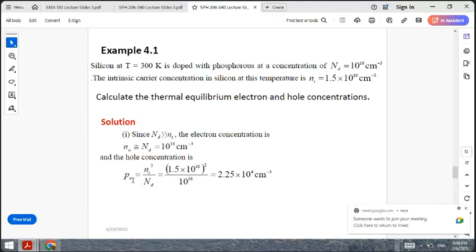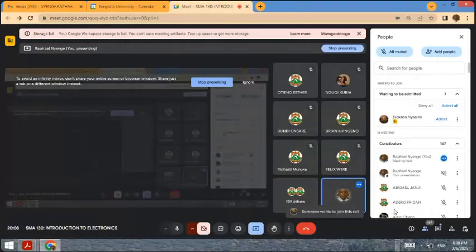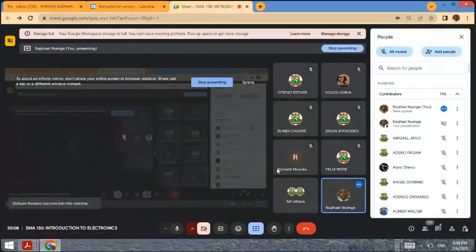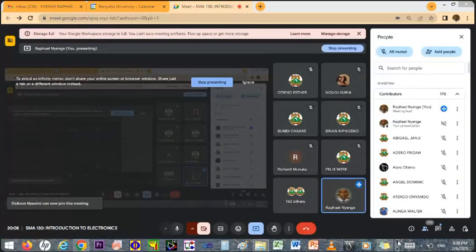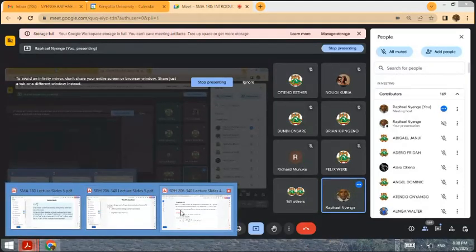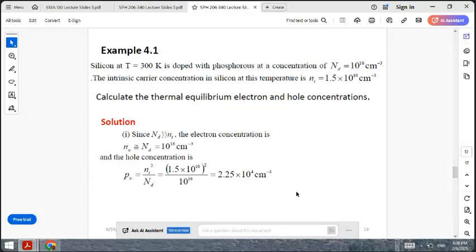And that enables us to get the concentration of holes. So we assume you are able to use the mass action law correctly to determine the concentration of either holes or electrons.